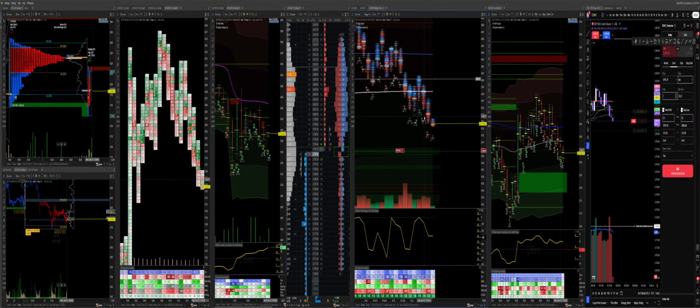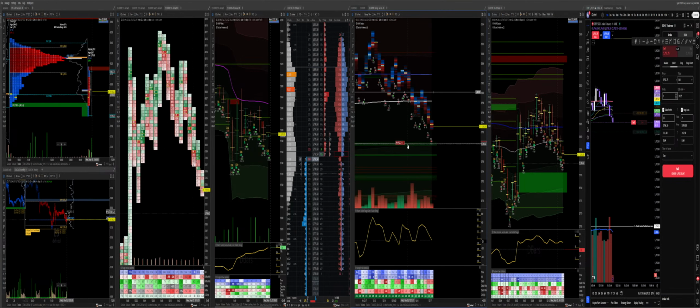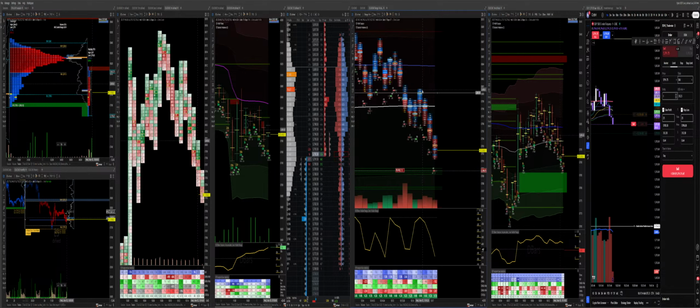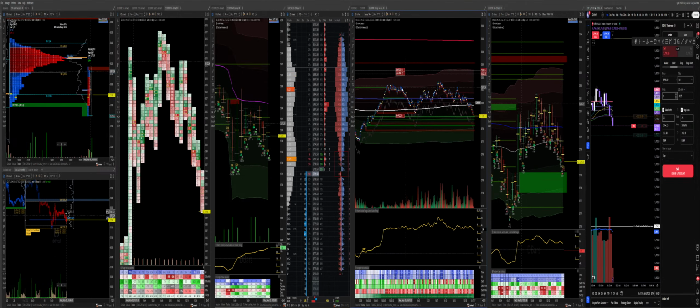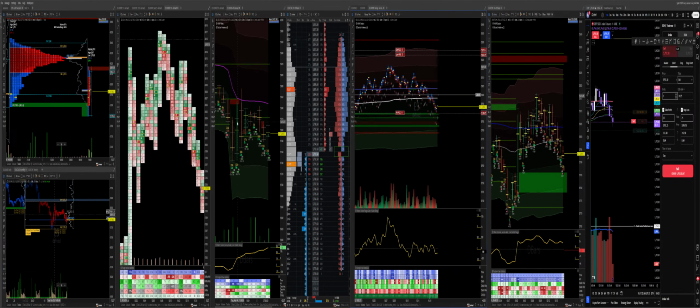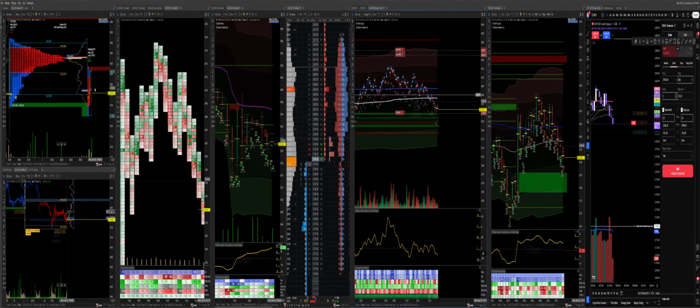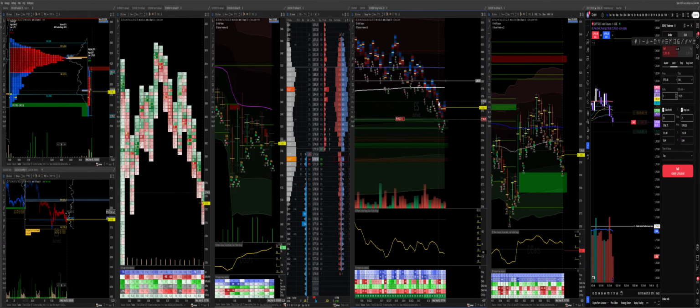Structure's weird, it's been just chopped. We're back where we were. Previous day POC, ladies and gentlemen. Been just in a range. Didn't do much. Ranging market, ladies and gentlemen.